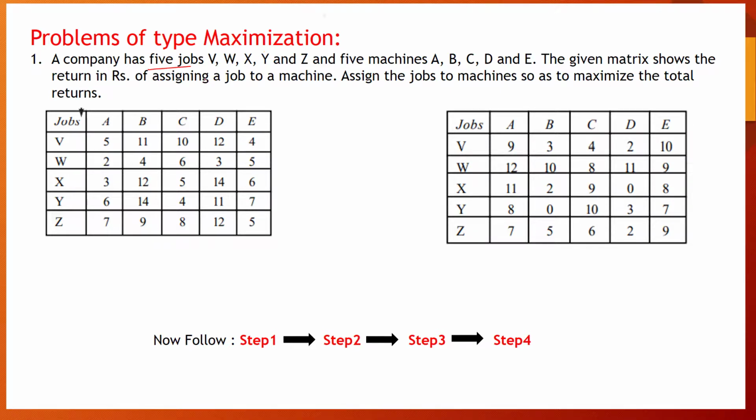But we cannot solve maximization type of problems directly by the Hungarian method. So we need to follow a step so that we can convert this maximization table into a minimization table. So how are we going to do that? The first step is to find the maximum element in the entire table.